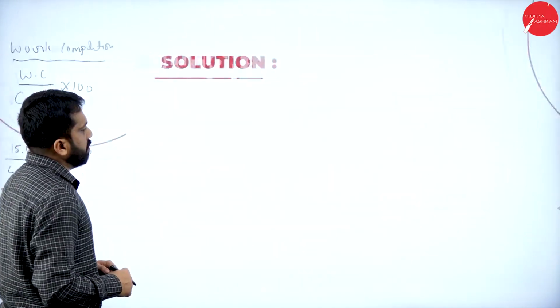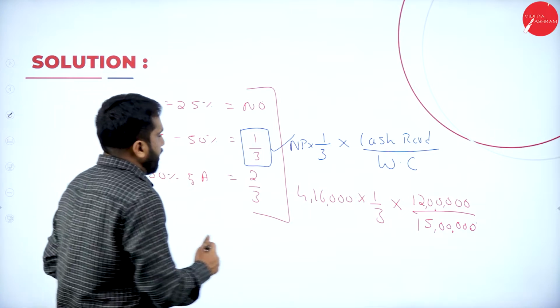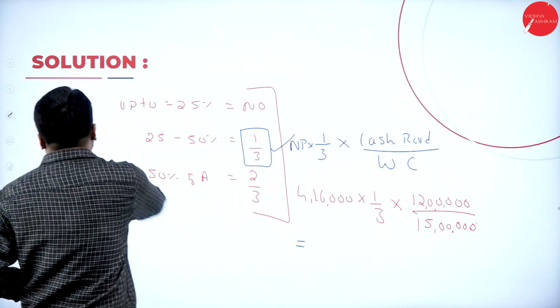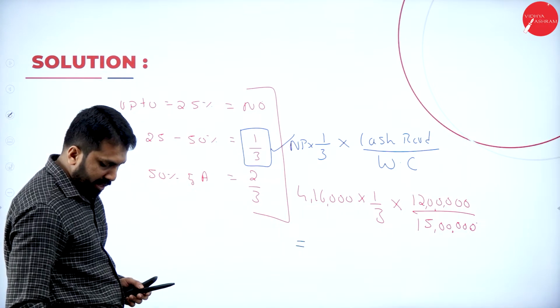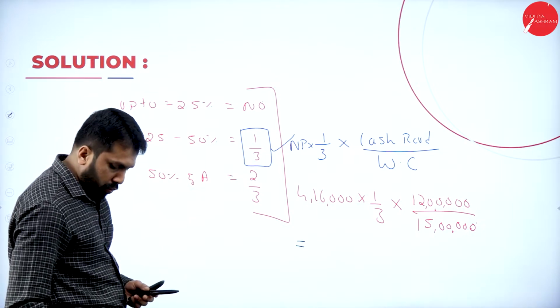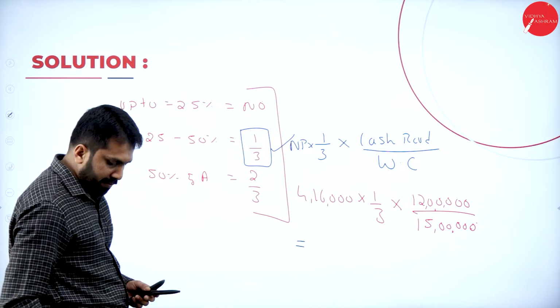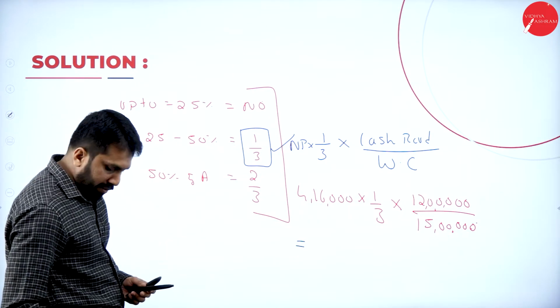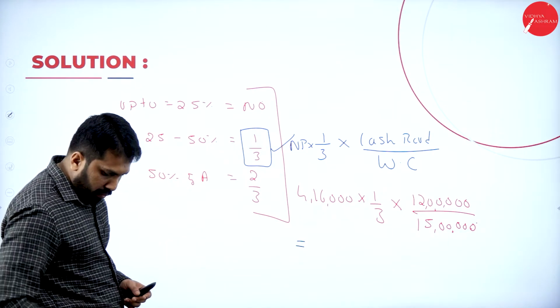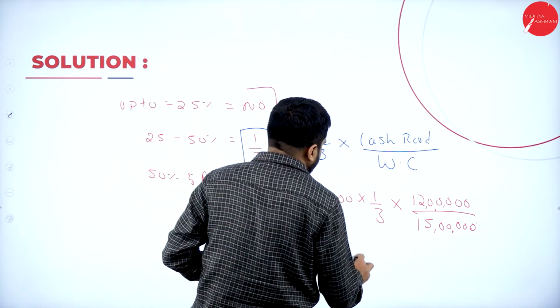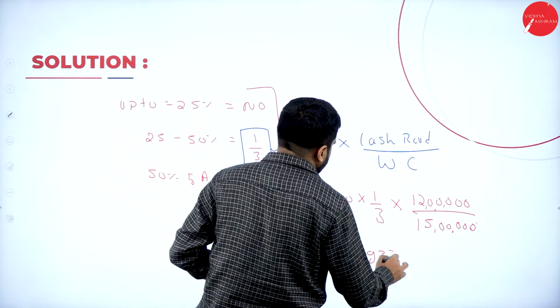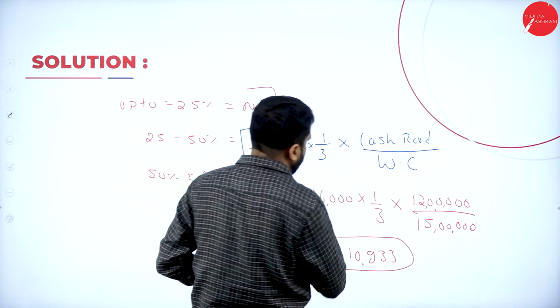Now calculate this: 4,16,000 into 1 divided by 3 into 12 lakh divided by 15 lakh. I got 1,10,933. Hope you are clear.